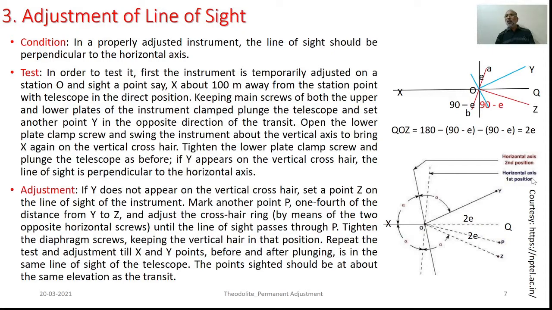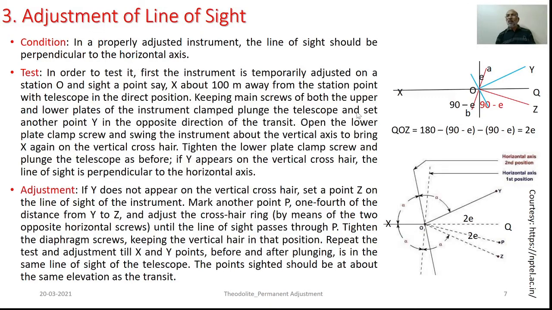As such, we have to locate, say, point P at a distance of 1/4 of this particular total distance of 4E, which is nothing but E. Now in order to have this, we have to move the crosshair ring by making use of two opposite horizontal screws, so that the line of sight will be passing through this particular station P. Then these particular screws will be tightened and we will repeat this particular test and also adjustment till the line of sight is observed to be perpendicular to this horizontal axis.